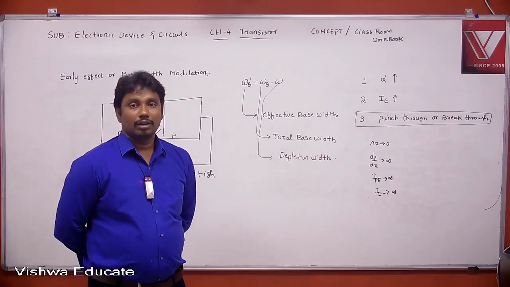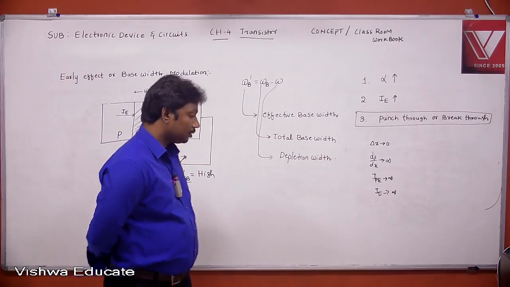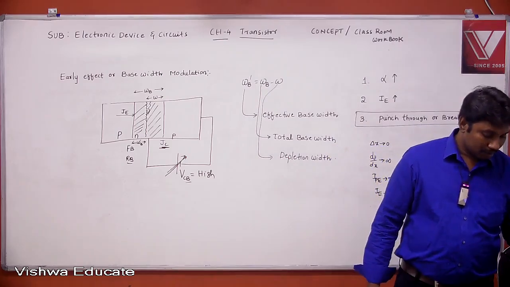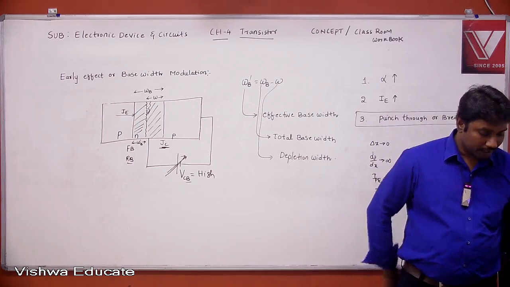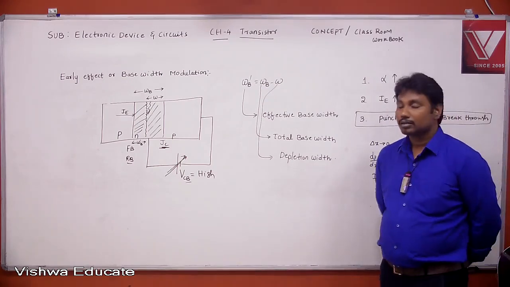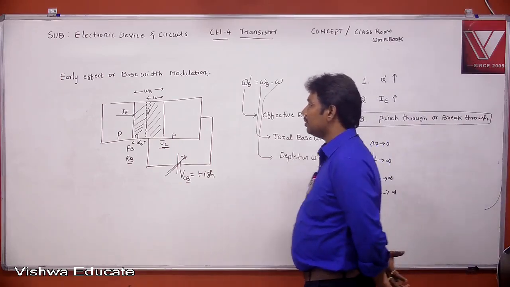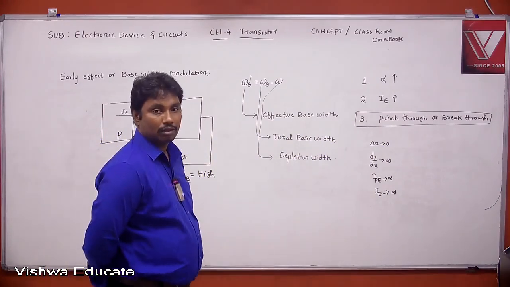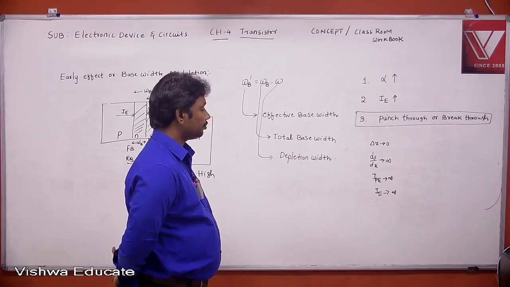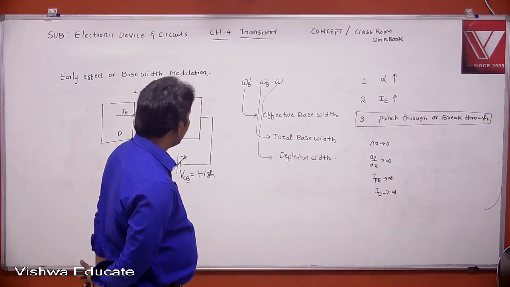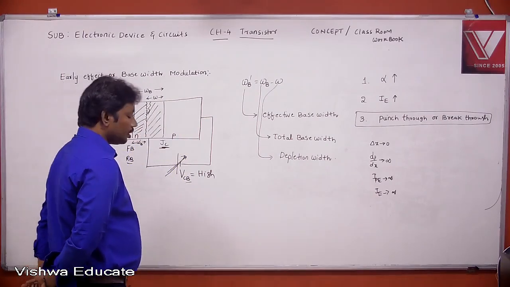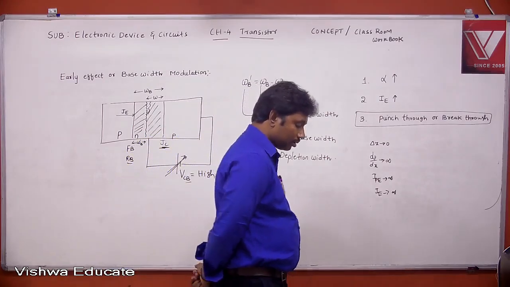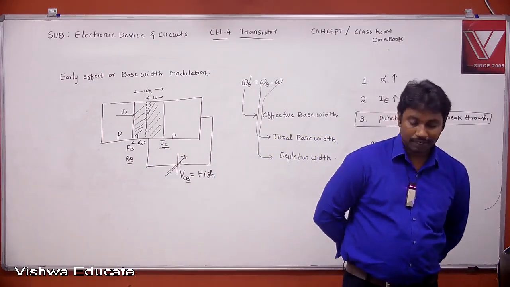Write this down. When the reverse voltage is made very high, the depletion region fully occupies the base, due to which the effective base width becomes 0.